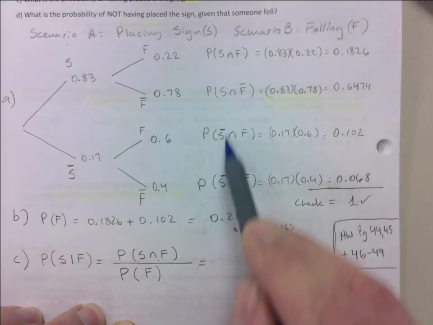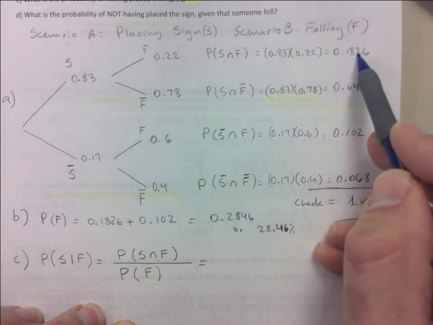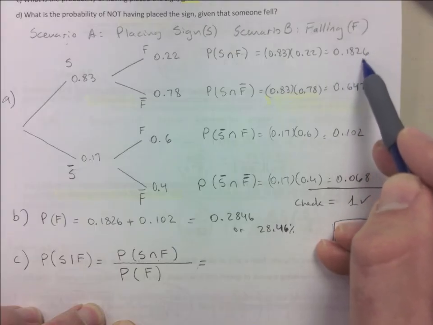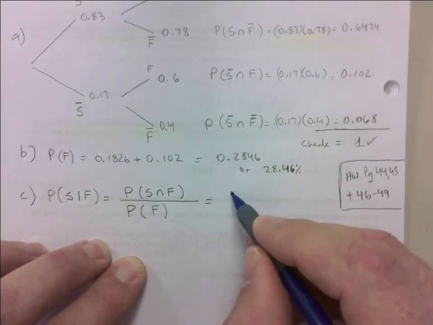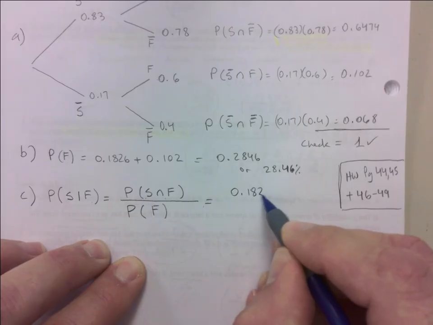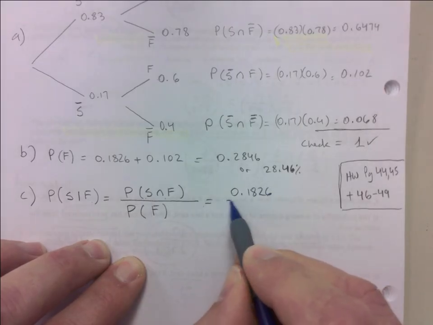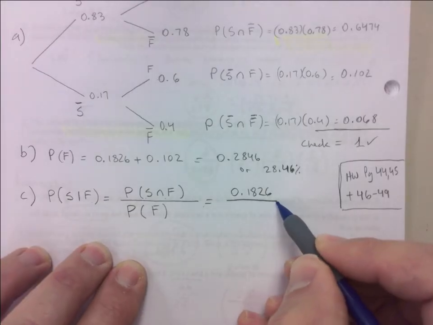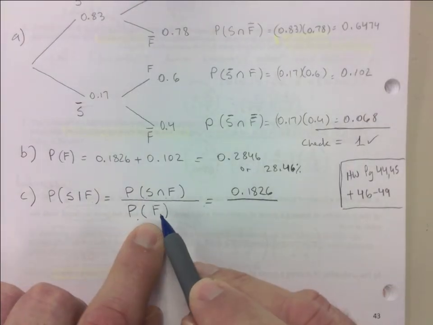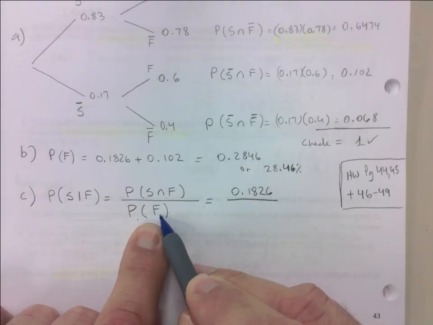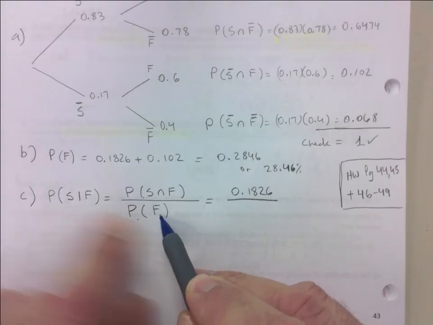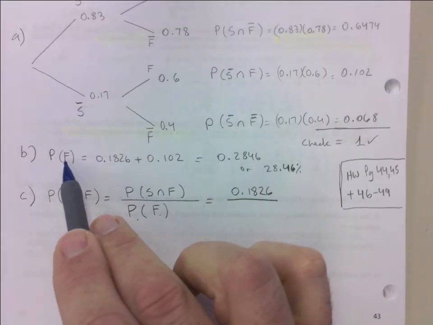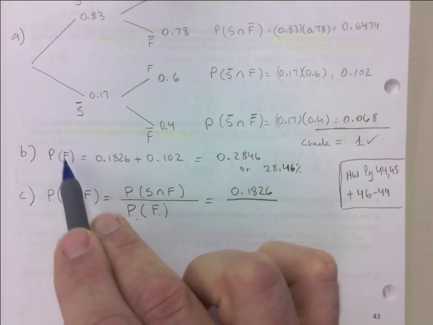So you would scan your outcomes and you look at this one and it's 0.1826. So 0.1826 divided by. Do we know the probability of someone falling? Yes, we calculated that yesterday. We already did that, correct?